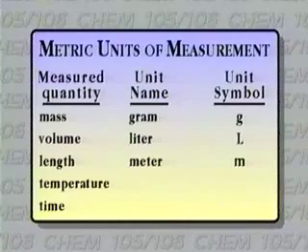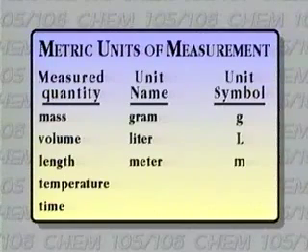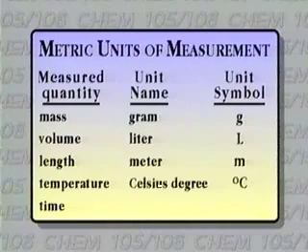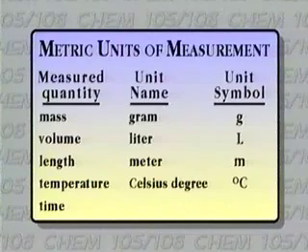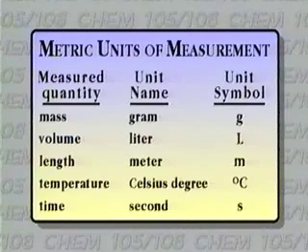For temperature measurement, the standard temperature scale that we use most of the time is the Celsius temperature, and we use a capital C with a little superscript naught to indicate degrees Celsius. Time, we use lowercase s, which stands for second.